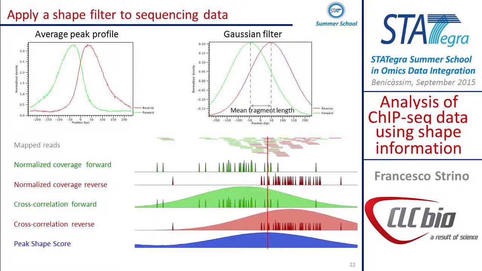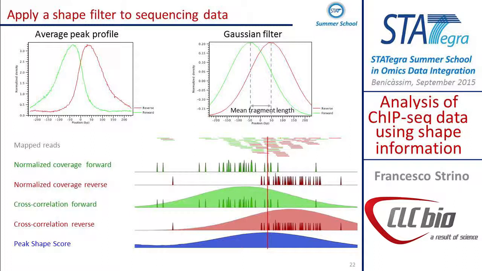Then again, how do we actually apply a shape filter to sequencing data? So here is again more or less how the average peak profile looks empirically. This is like a simplified filter, so I was just saying just a Gaussian filter. So what we do here, we get the fragment length from the cross correlation, like we saw before, and then you get some standard deviation as well from the cross correlation plot.